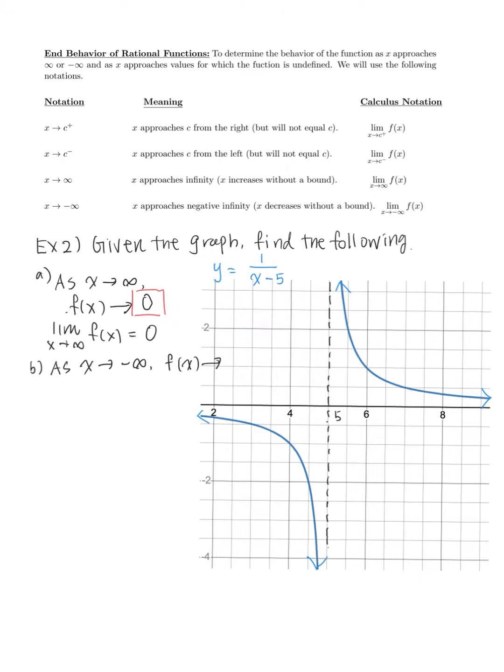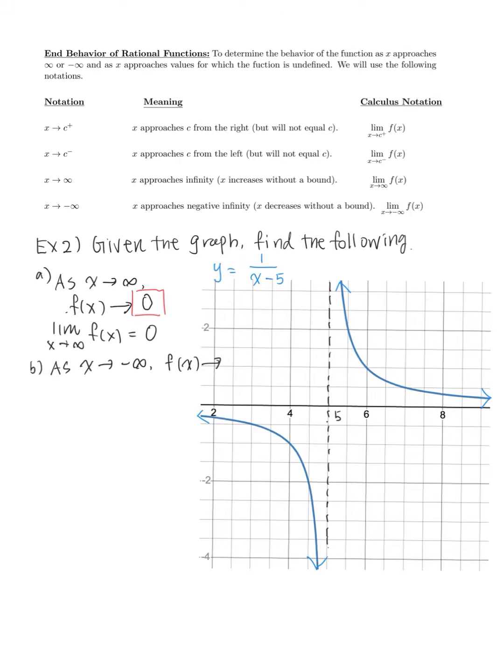Part B, as x goes to negative infinity, where is our function f of x going? Here, as x is traveling towards negative infinity, where is this graph going? Isn't it, again, approaching the x-axis? That's where the y value is 0. So as x travels towards negative infinity, this tail end of the graph is going towards y equals 0.